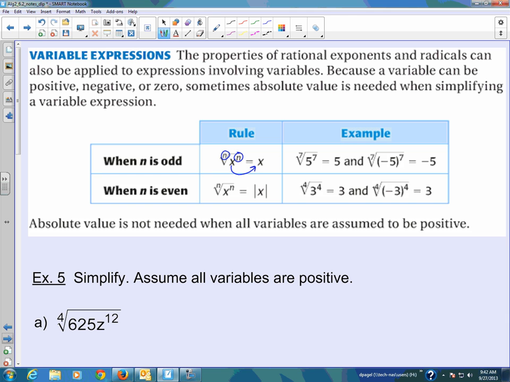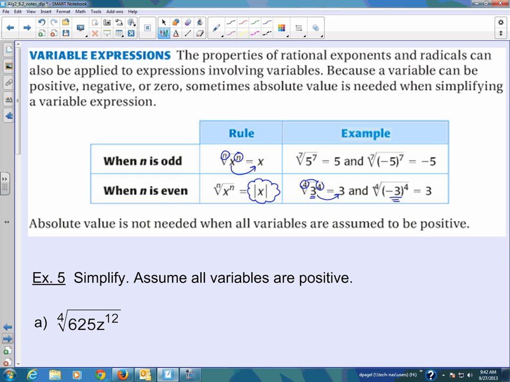When it's even, as in the example over here on the right, what if our base is a positive 3? With even powers, the base just comes out. What if our base is a negative 3? In this case, we think absolute value. Why?